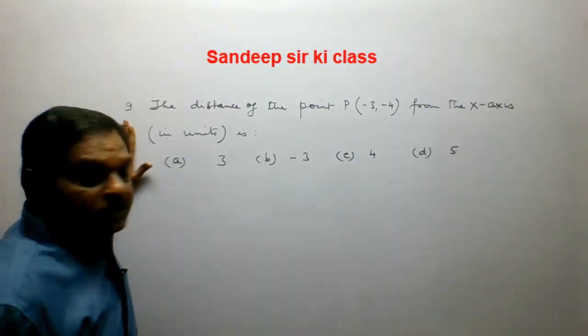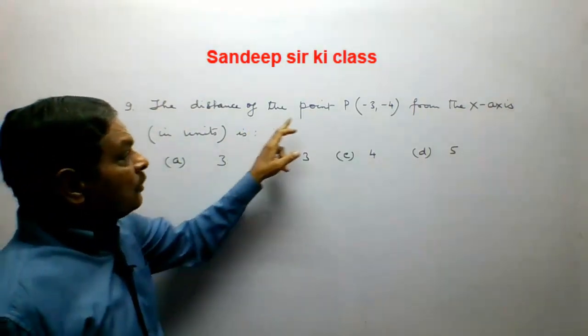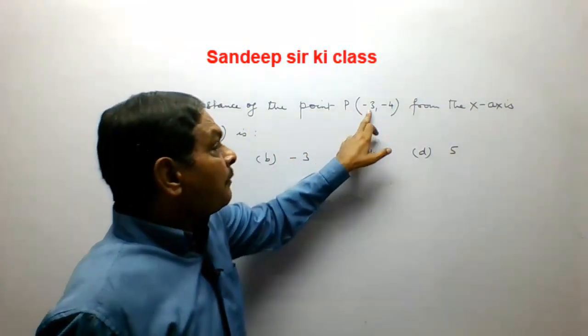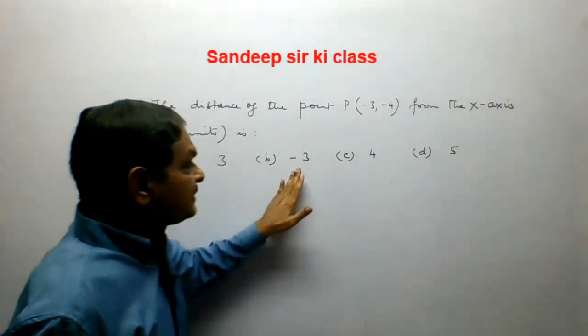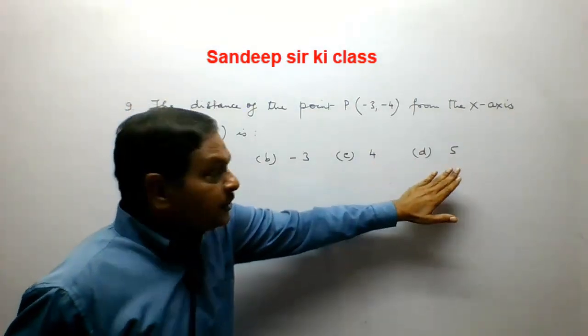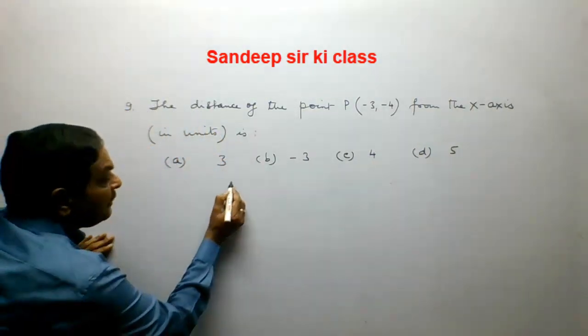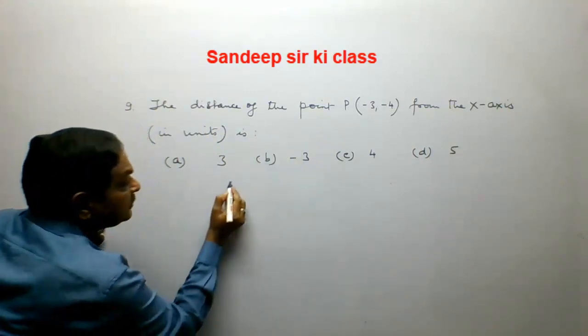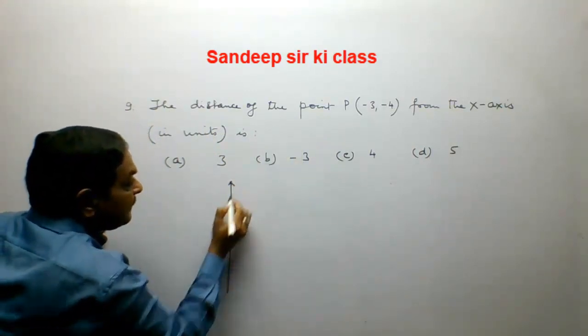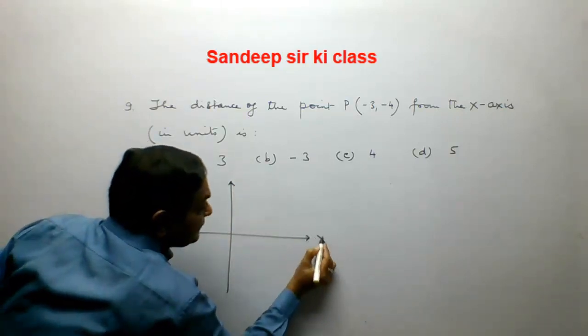Now we will see question number 9. The distance of the point P, coordinates are -3, -4 from x-axis in units is. Options are 3, -3, 4, and D option is 5. See, first we will locate this coordinate on the coordinate axis plane. See, this is our y-axis and this is our x-axis.